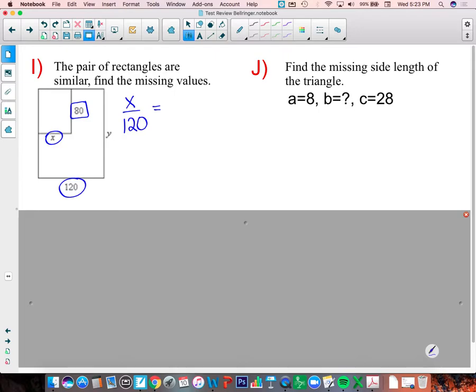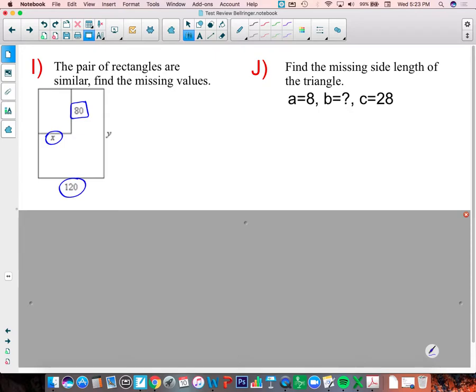Well, I think I'm missing a piece on this one, so I'm going to change the numbers a little bit. That's unfortunate. So let's change the numbers, or I can see if I can add a number. So let's say that this little guy right here, well, we don't know that one, that's x.